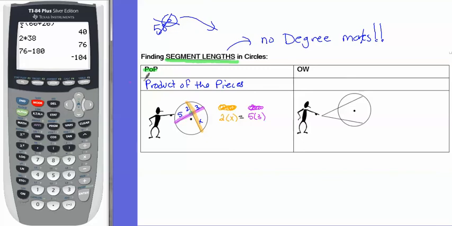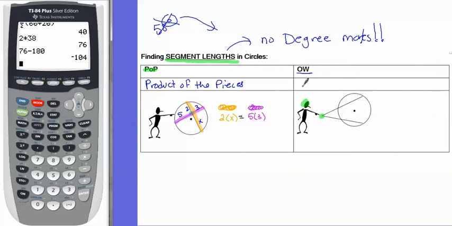So let's look at the next slide over here. This one says ow. Think about it. If I took a vertex that looked like this and I hit someone in the head with it, it's probably going to stab them. They're going to be so hurt. They're going to be screaming, ow, ow. So I'm going to do the exact same thing, and I'm going to tell you what it stands for.